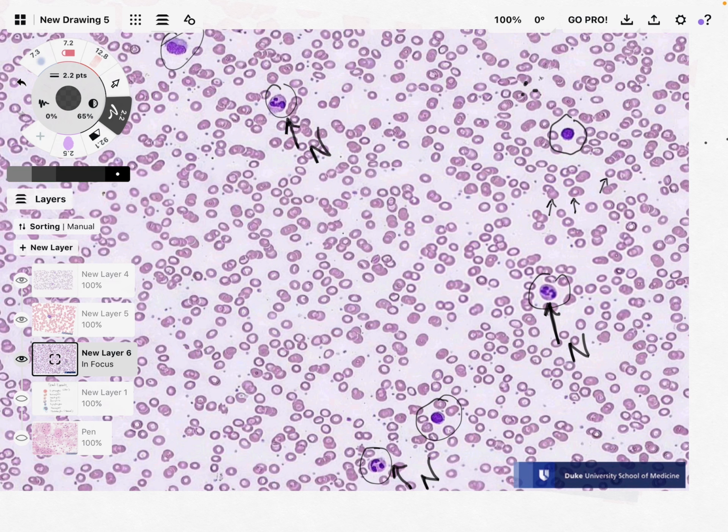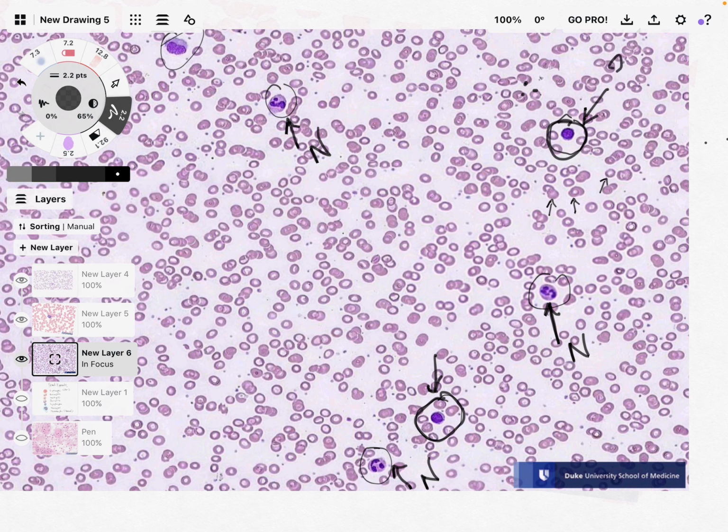All right. Now, the other two that I want to highlight here are this one and this one. These cells could be mistaken for basophils, especially if you're looking at it from this magnification. You would really want to zoom in to know for sure what you're looking at.